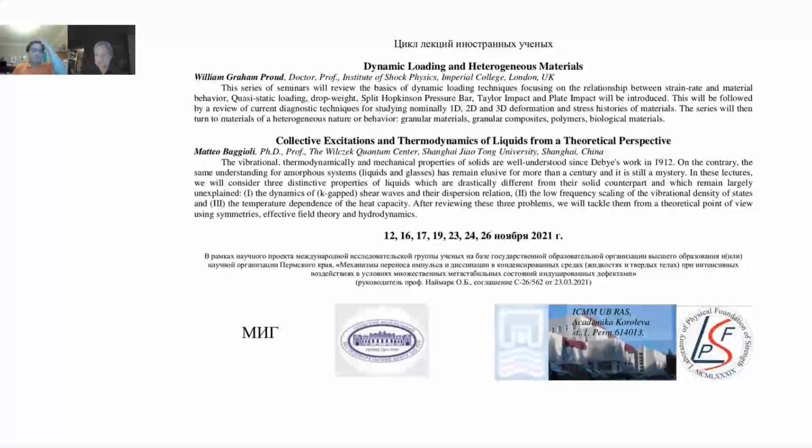Critical hotspots. And my question is the following. The condition of detonation ignition related to critical hotspots is related to the topology of the hotspot distribution, of course. Yes, topology.